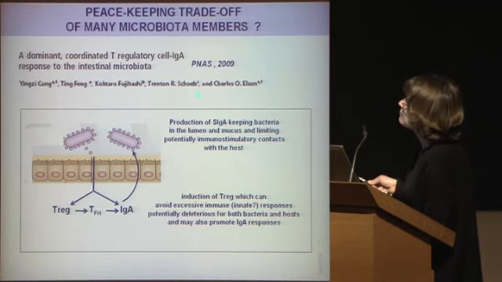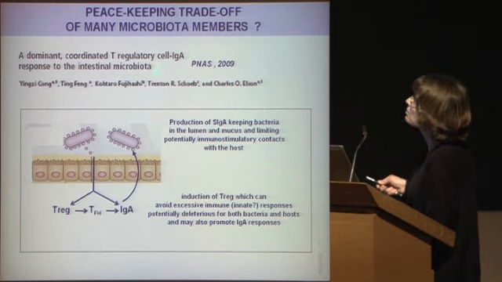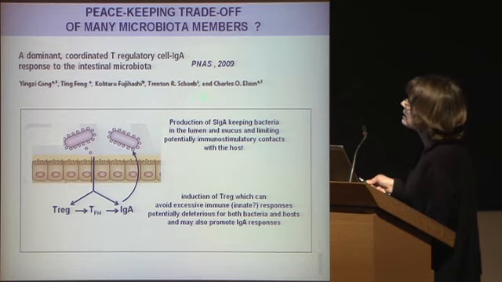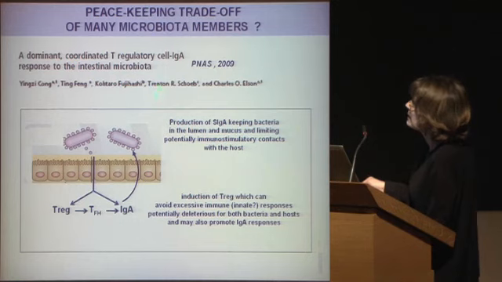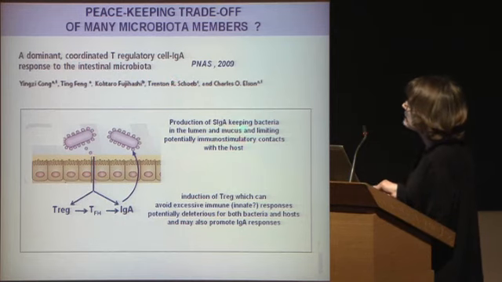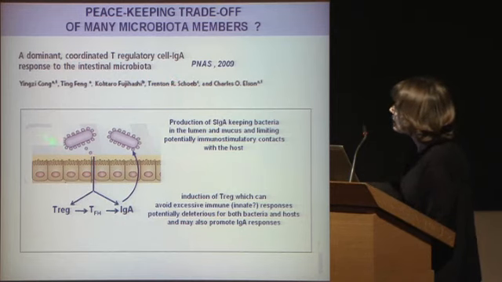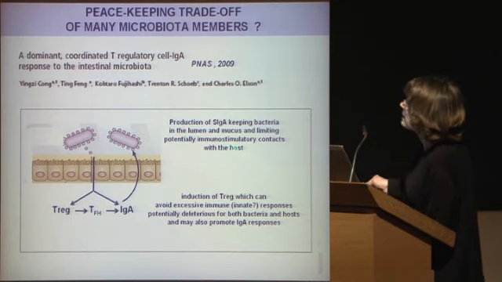And so if I want to summarize what we can imagine from this paper, what I would say is that probably for most of the members of the microbiota, the trade-off with the host is, and here I've taken the title of this paper, which for me was one of the most illuminating papers in this area, that the bacteria are able to simultaneously induce IgA, and this IgA can probably keep the bacteria in the lumen, in the mucus, while limiting potentially immunostimulatory contact with the host.